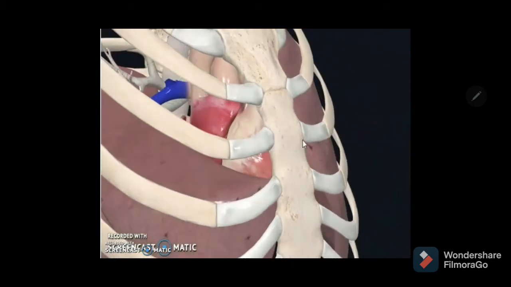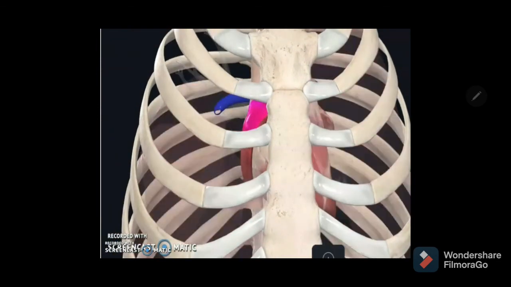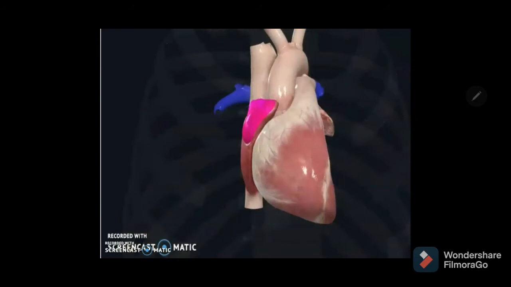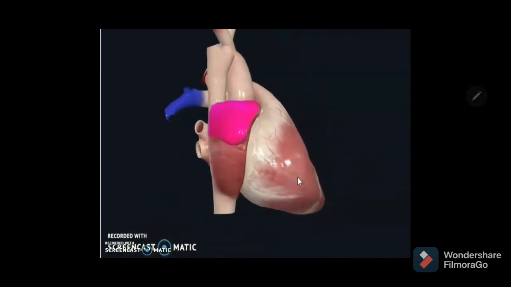You can see the right auricle there, how it is related to the thoracic cage and the structures in the anterior mediastinum. So this is about the location, shape, extent, relations and formation of different surfaces of the heart by the right atrium.